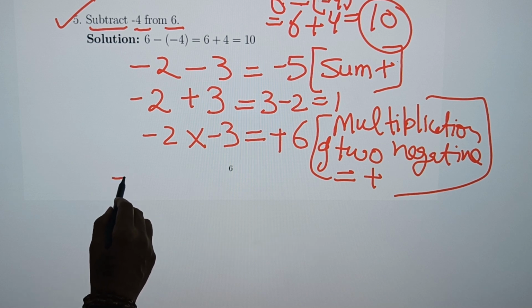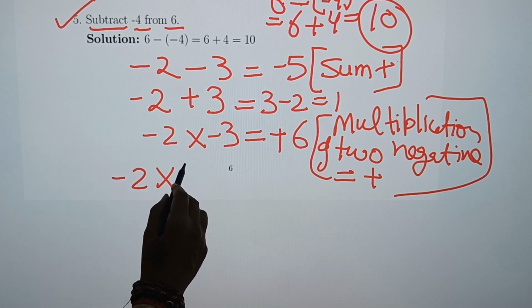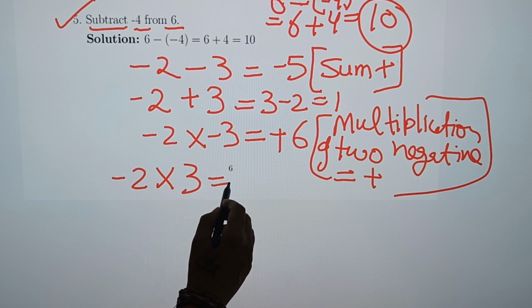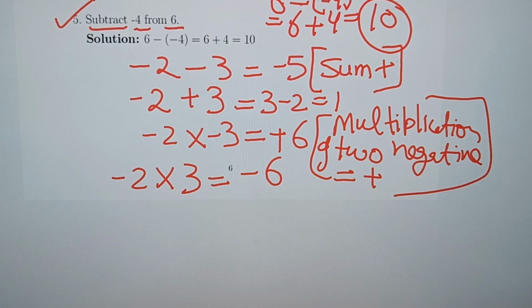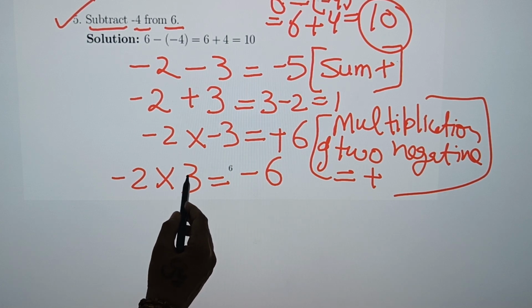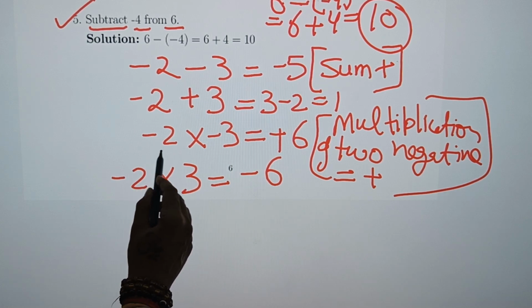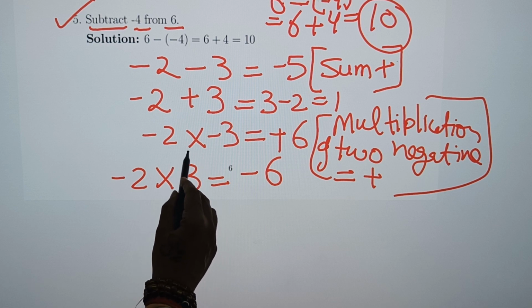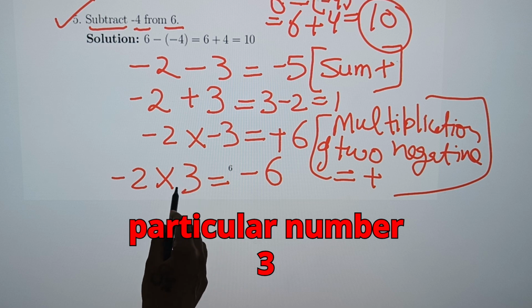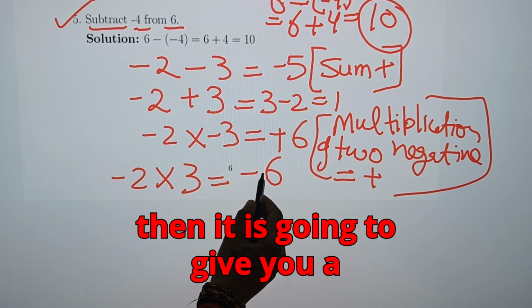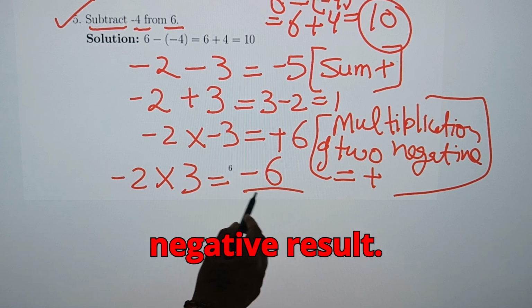Similarly, minus 2 into 3 is going to give you minus 6. Whenever in multiplication you have one number negative and another number positive, that means there is no sign with this particular number 3, then it is going to give you a negative result.